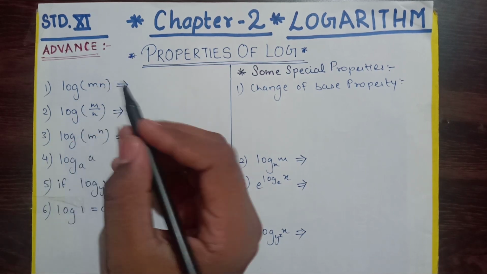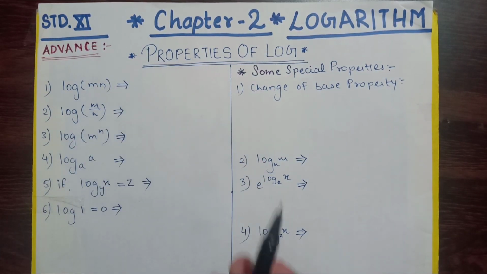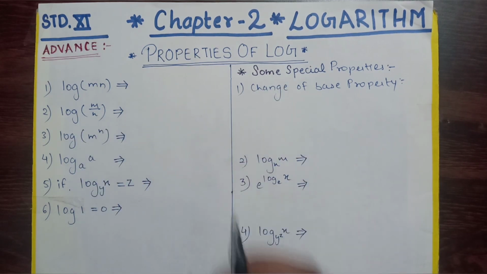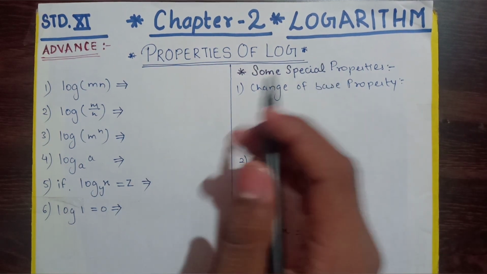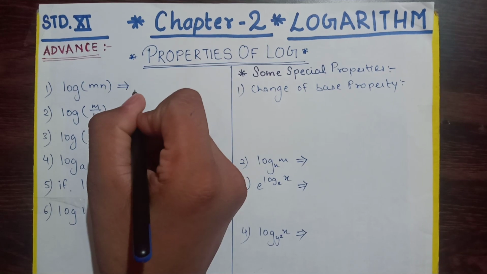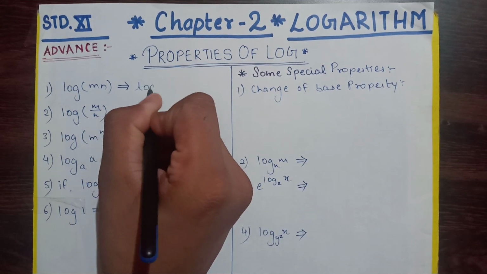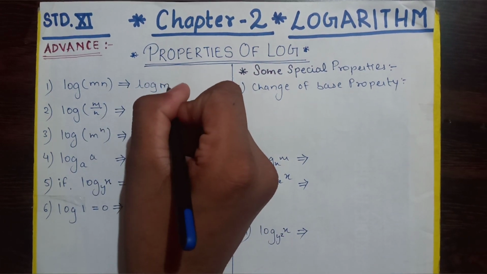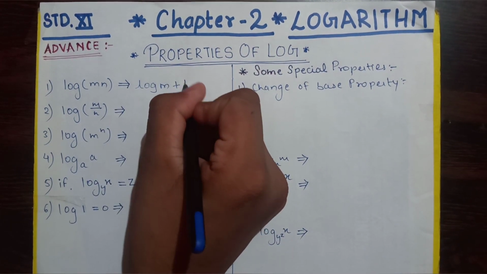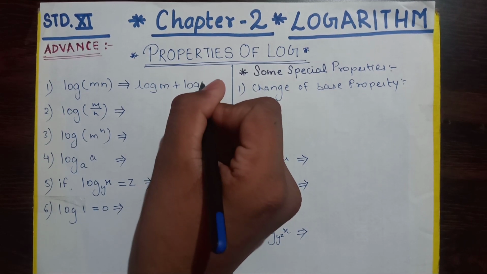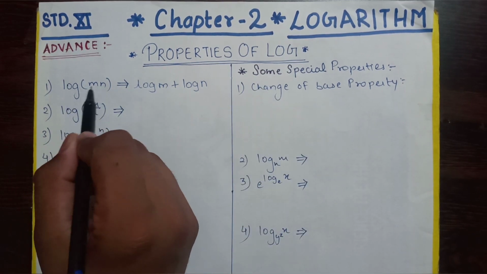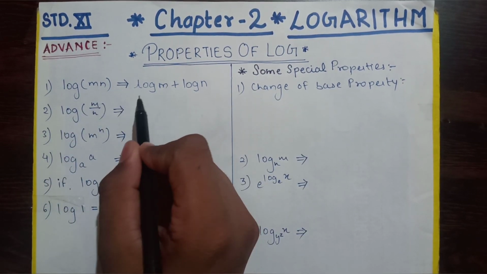How will we write it? In arithmetic, we would have written it as log m into log n, but not here. Here we will write it as log m plus log n.